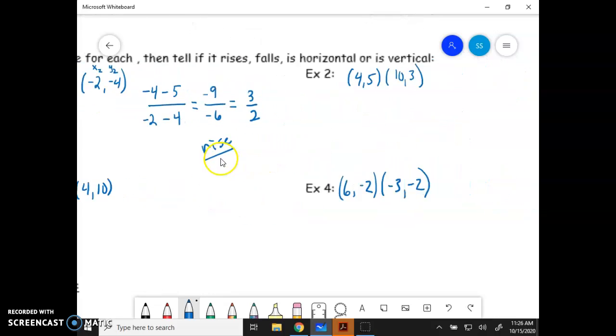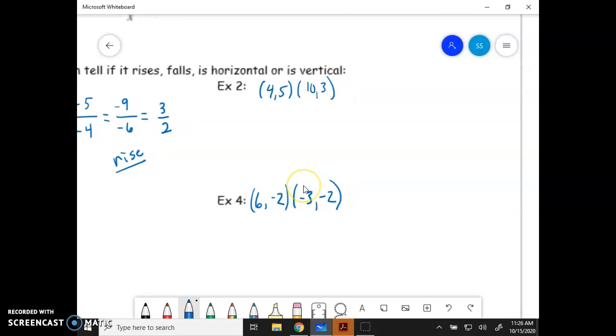All right, let's look at number 2. Again, let's label these points x1, y1, and x2, y2. I get the change in y on top, so that's 3 minus 5, y2 minus y1, and x2 minus x1 is 10 minus 4. 3 minus 5 is -2. 10 minus 4 is 6.